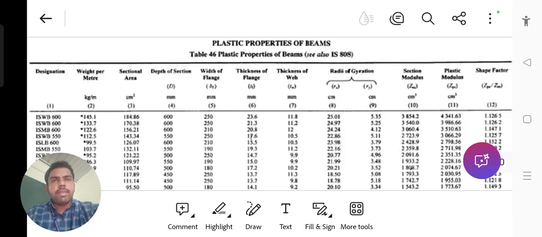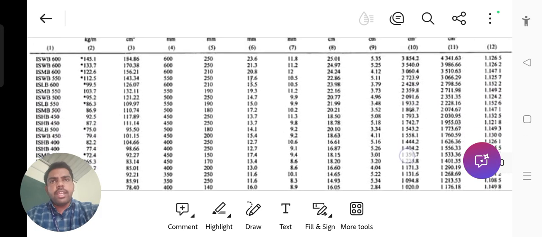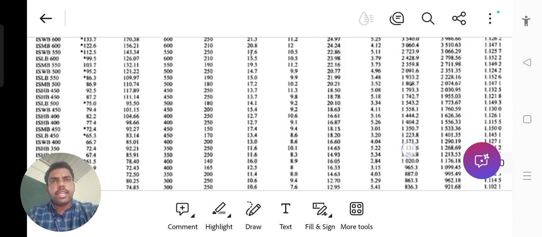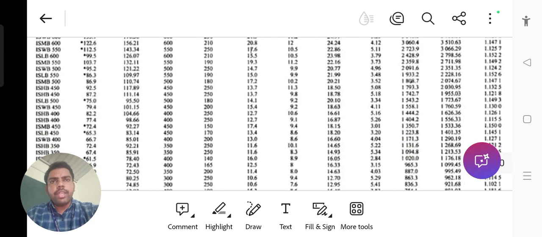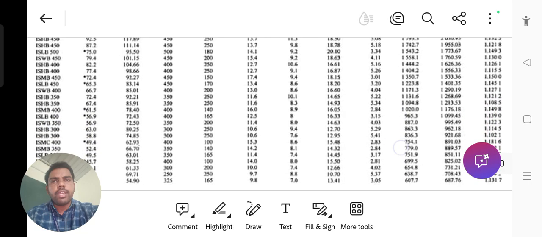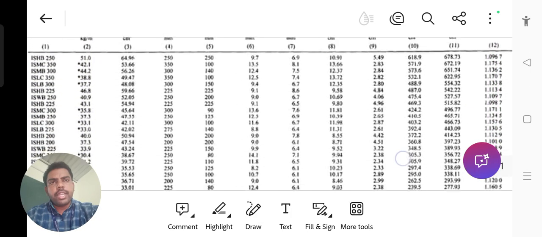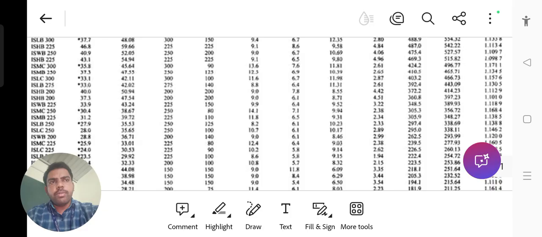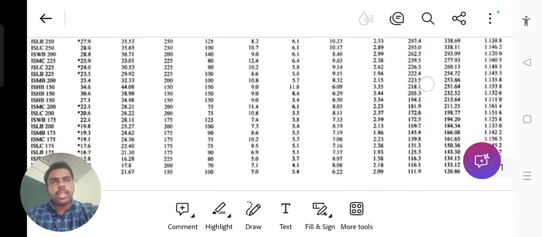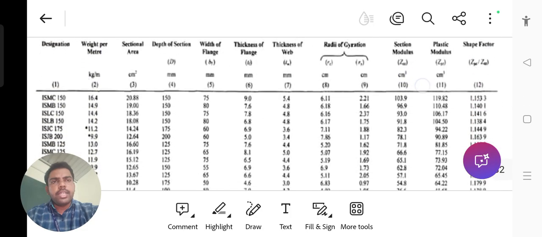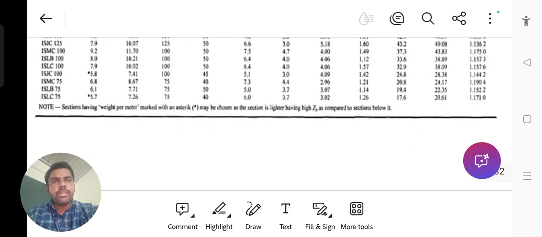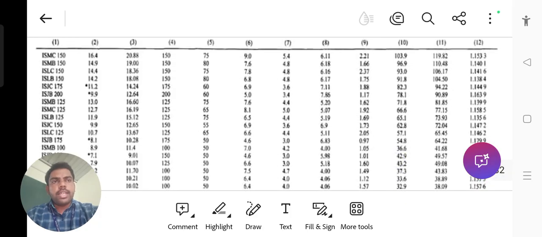Here some of the beams are given: ISWB 600, ISMB 550 starts here, ISWB 500, ISMB 450, ISMB 350, and so on; most of the sections are there in these tables, and you have to find all these figures. ISLC is also there, ISMB, ISJC, these are all there.